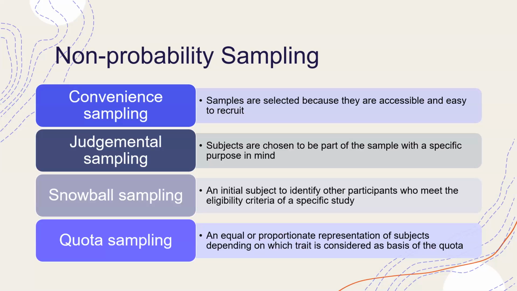For example, if the basis of the quota is college year level, and the researcher needs equal representation with a sample size of 100, he must select 25 first-year students, another 25 second-year students, 25 third-year, and 25 fourth-year students.